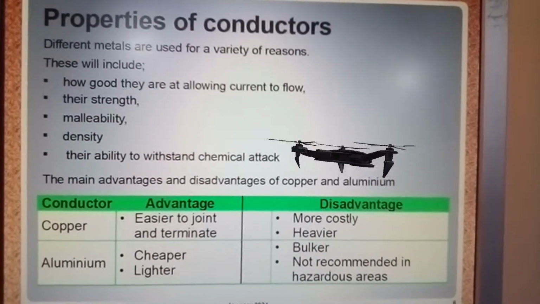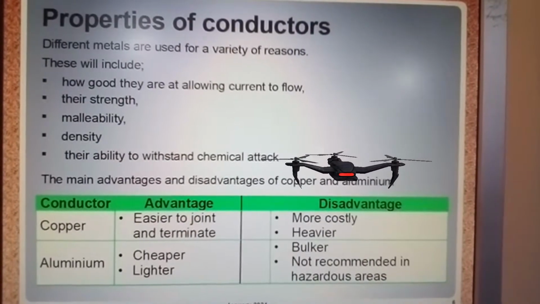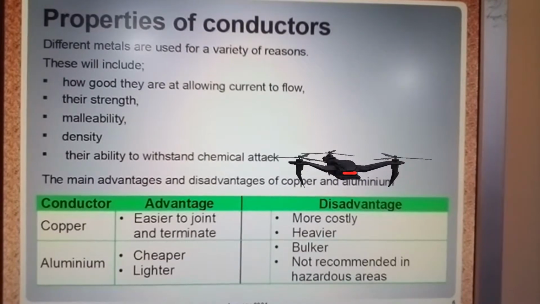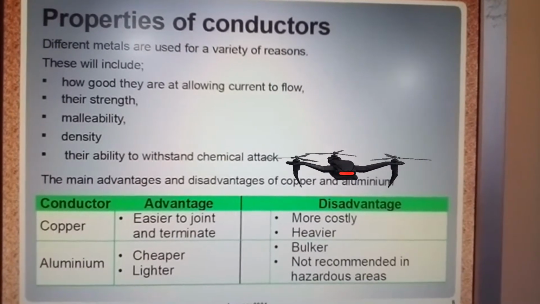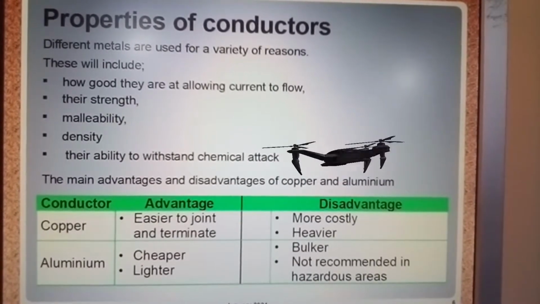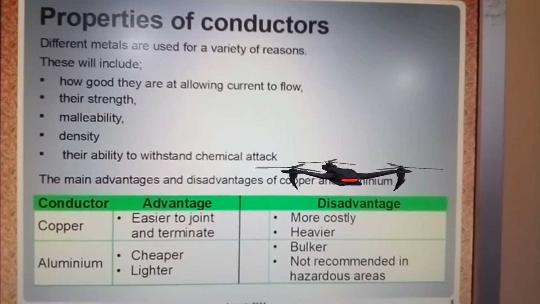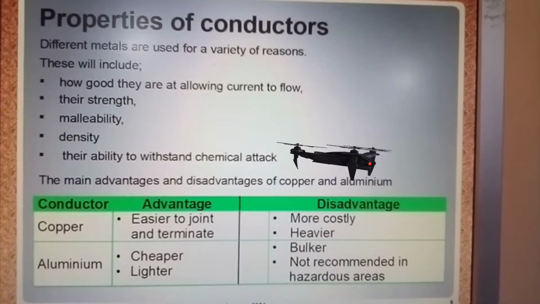Now, properties of conductors. Different metals are used for a variety of reasons. These include how good they are at allowing current to flow, their strength, their malleability, density, and their ability to withstand chemical attack.